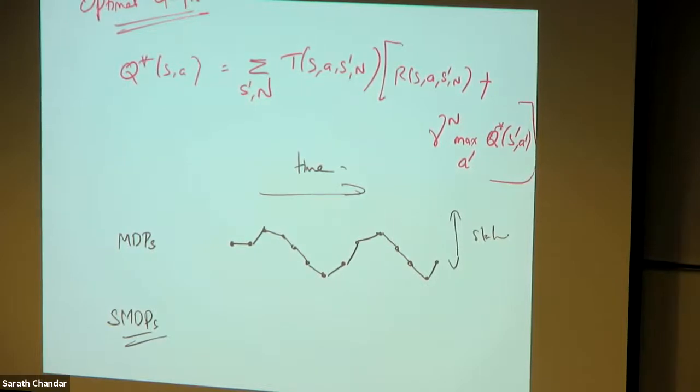So let's say I take a macro action here, that might already take me here, and that might take me here, and that might take me here, and this might take me here. Is that clear? So with just 4 macro actions, I can cover the same trajectory that was covered by probably 10 or 15 primitive actions. Is that clear?